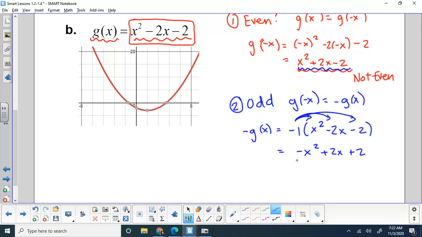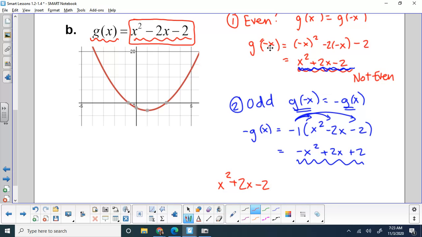Therefore, I now ask myself, is this the same as what we had when we had g of negative x? Because again, that's our proof. That's how we algebraically show it. And it might be helpful to write them side by side if you are a visual person and you're like, Miss Vernon, I'm not seeing this. So what I'm going to do is write that red function that we did above.